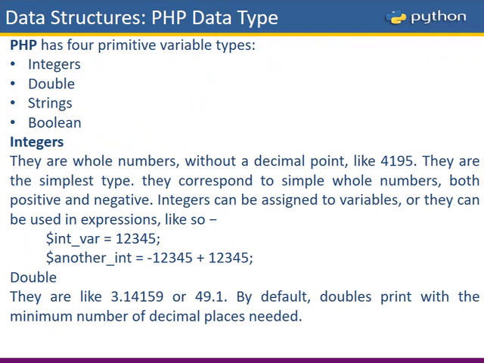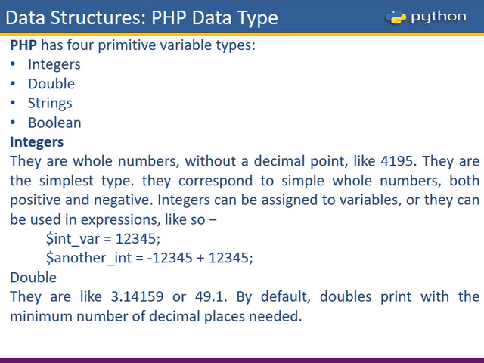Now we want to look at PHP variable data types too, as we are finished with the Python data types. PHP has four primitive variable types. We have the integer, we have the double, which in Python is float but in PHP is double, we have the string, and we have the boolean.